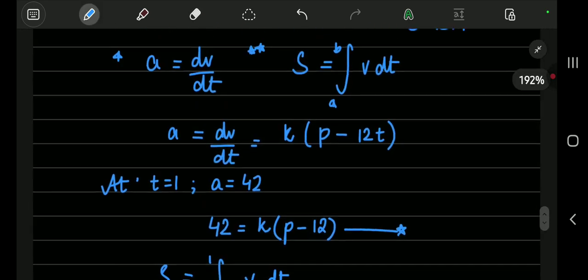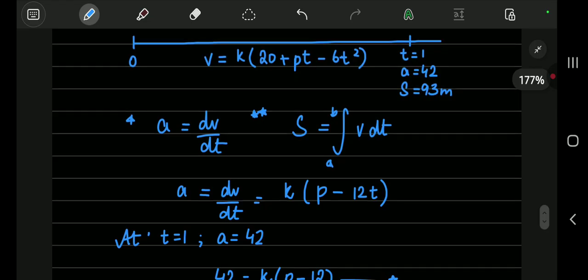So the equation is k times (20 plus pt minus 6t squared). If we keep the k outside, the integration of 20 will be 20t, the integration of pt will be pt squared over 2, and the integration of minus 6t squared will be minus 6t cubed over 3. So I'm writing that.